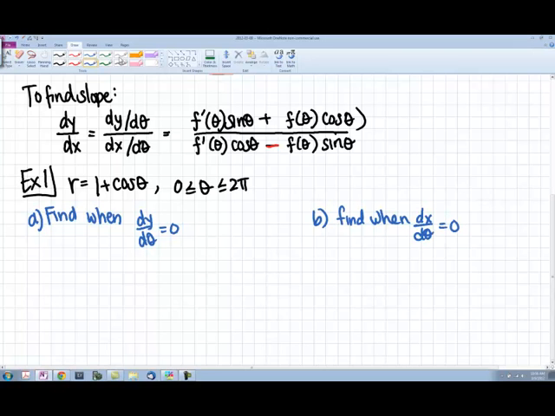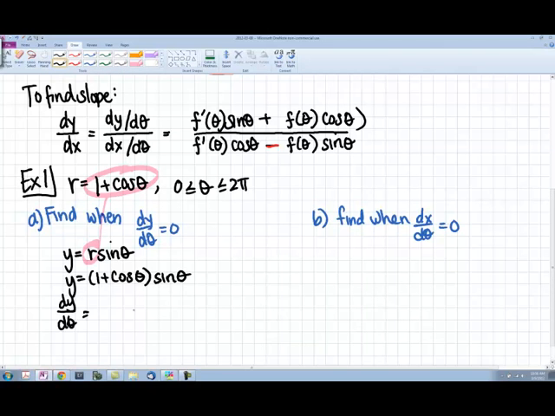So let's take a look at dy d theta. dy d theta means we have to take the derivative of y, and since y equals r sine theta, I know that y equals 1 plus cosine theta times sine theta. Now where'd that come from? Well, we're taking this as our r value and plugging it in. So then I'm going to take the derivative with respect to theta, and I'll do the product rule.